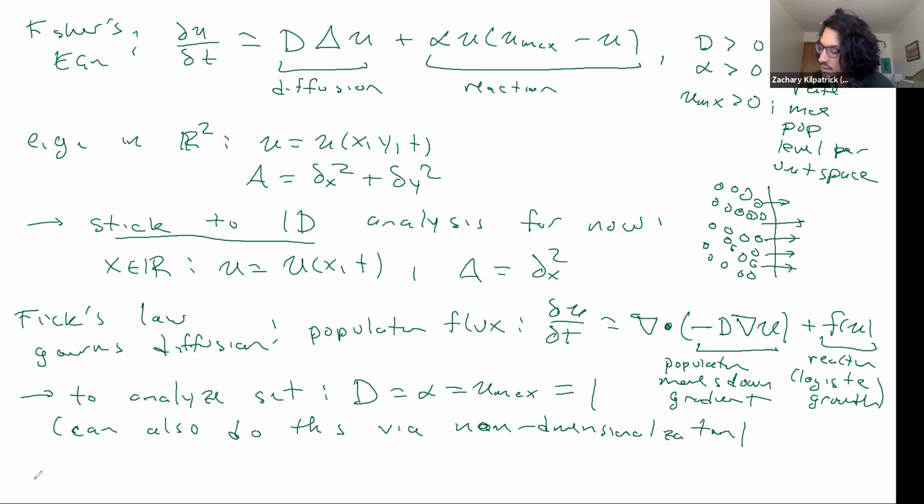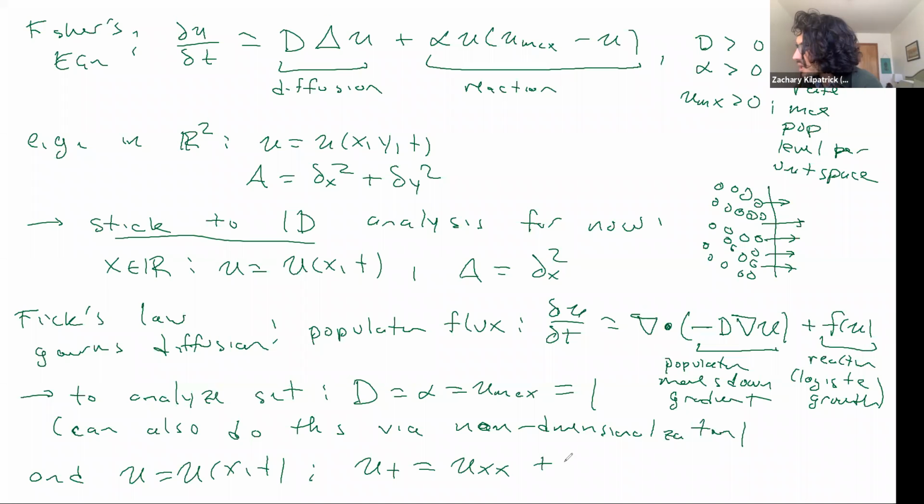And we have u is equal to u(x,t). And so then my effective PDE is just u_xx plus u(1 minus u).